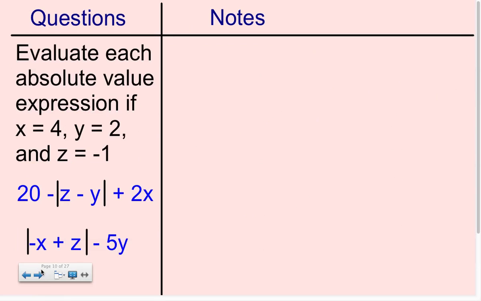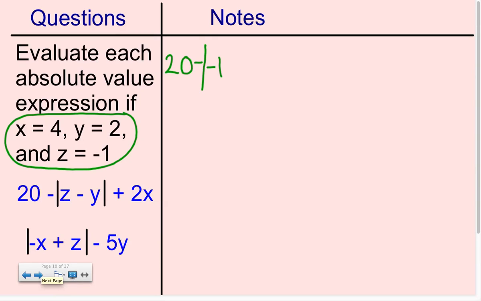All right, we're going to do the same thing here, except we have different values for x, y, and z, and we have 2 different expressions we're going to work with. So the first one starts off as 20 minus the absolute value of z, which is -1, minus y, which is 2, plus 2 times x, which is 4.